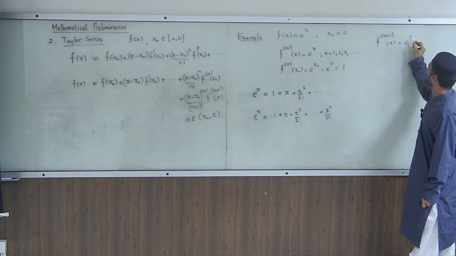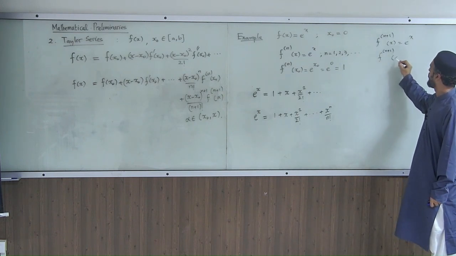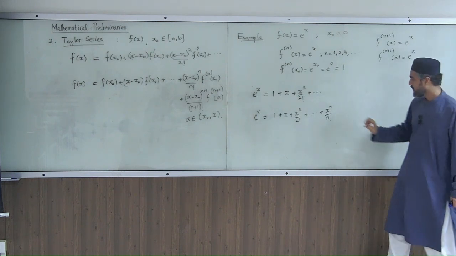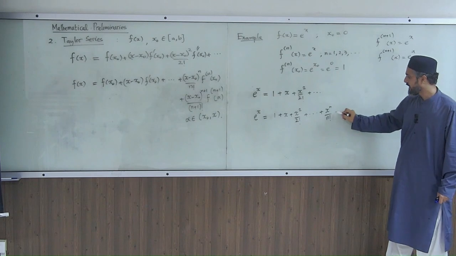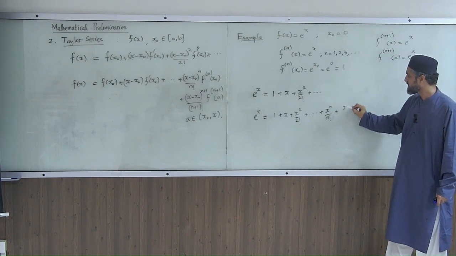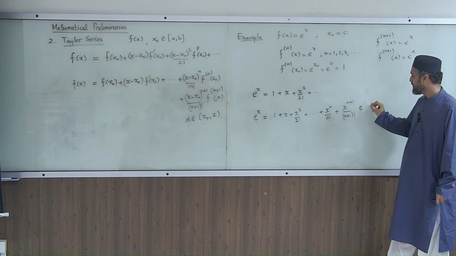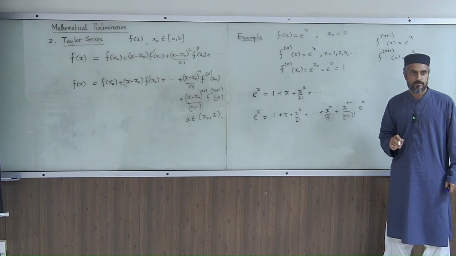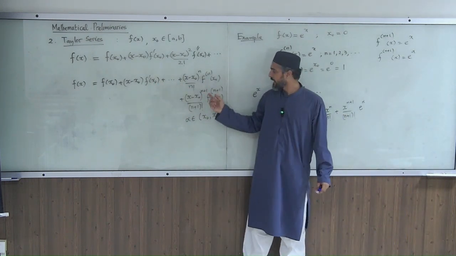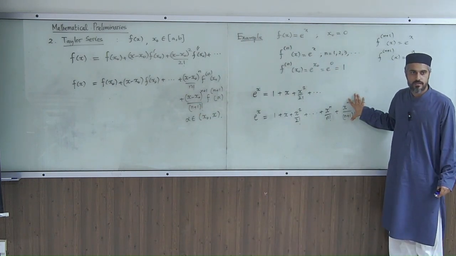It is e power x, and if I replace x with alpha, what is this? E power alpha. So this is the nth term, and the final term, the error term, will be x power n plus 1 over n plus 1 factorial and e power alpha. So I just write these terms, and the error term is over here. This is the error term we have.